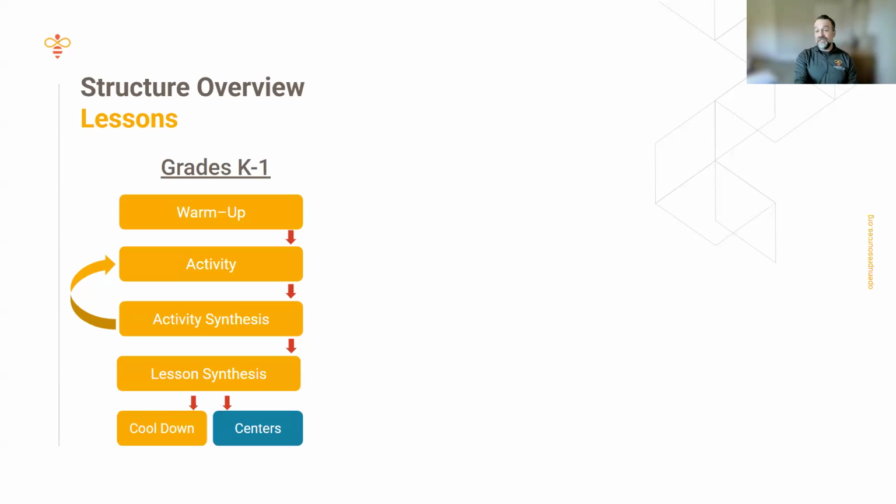After that activity, you're going to do some more synthesis, or helping them make sense of that activity. If there's more than one, then you'll go back to the activity and do the activity synthesis in this kind of cycle, and then end every lesson with a synthesis, or again, an opportunity to put it all together.